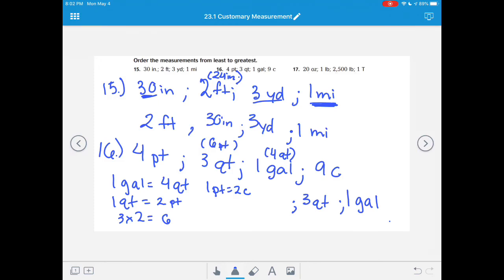So to get from pints to cups so we can compare, we're going to do 4 pints times 2 because we're going from bigger to smaller. 4 times 2 is 8, so that means that 4 pints is equal to 8 cups. And now I compare. I see 8 cups is definitely less than 9 cups, so the next greatest would be 9 cups, which would leave the least to be the 4 pints.